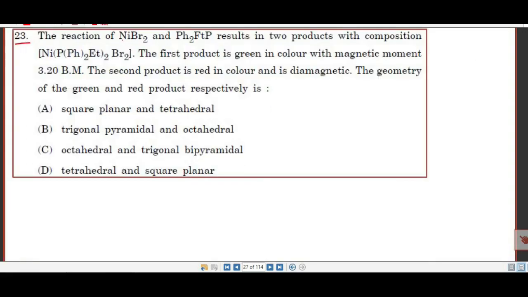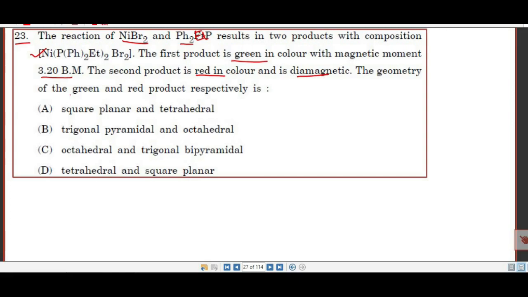Question number 23. The reaction of NiBr2 and PPh2Et results in 2 products with the composition of a complex. The first product is green in color with a magnetic moment of 3.2 BM, and the second product is red in color and is diamagnetic.